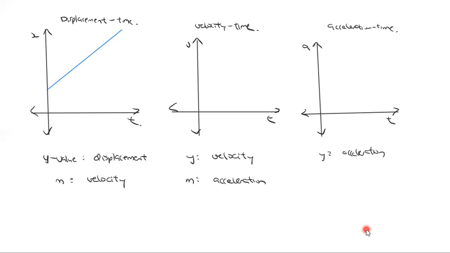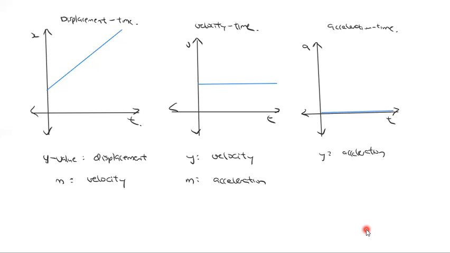What sort of thing? 3. All right, yeah, it's a positive constant, right? So that means your velocity will look like this, something like that. And it won't change. And what will my acceleration be then? 0. Correct.